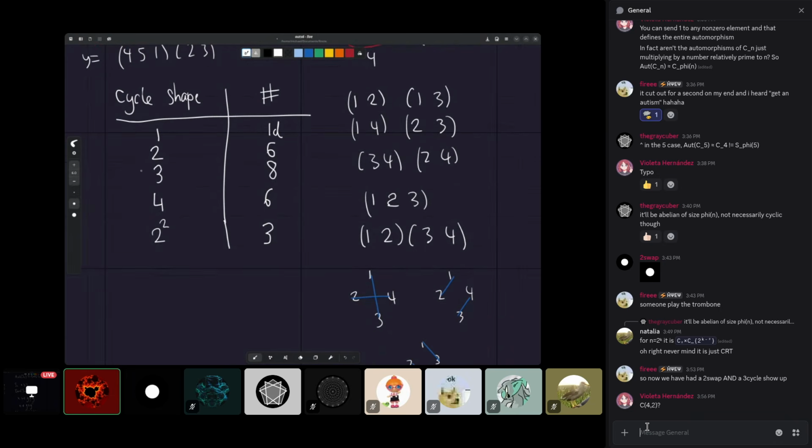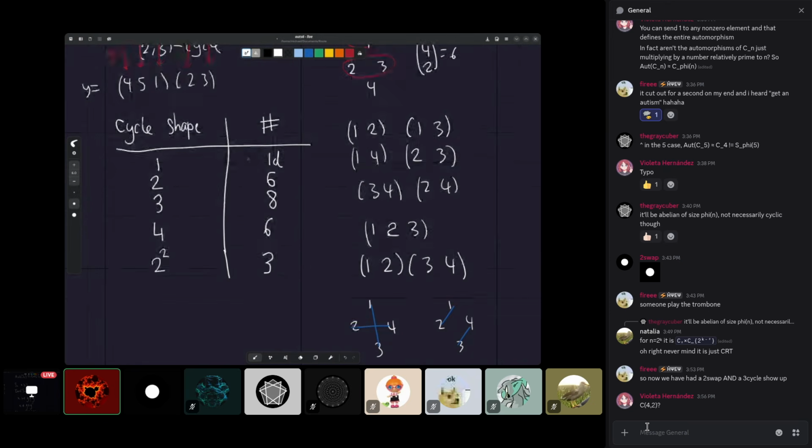What have we learned? We've learned that if we got an automorphism of S4, it's got to permute the conjugacy classes in some way.